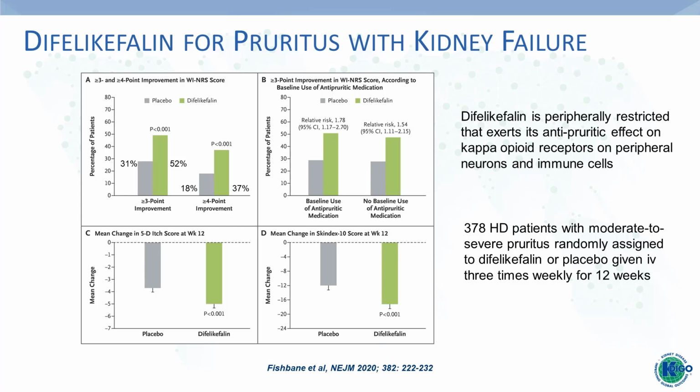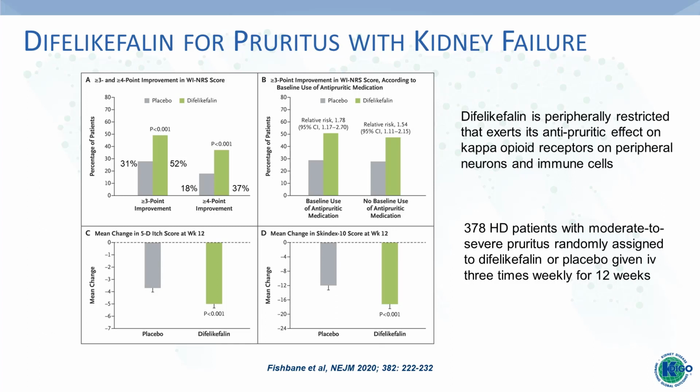So it acts on the peripheral nervous system, and it is an agonist for the kappa opioid receptors on peripheral neurons and immune cells. In this trial, 378 patients with moderate or severe pruritus were randomly assigned to difelikefalin or placebo, and the drug was given intravenously three times a week for 12 weeks.